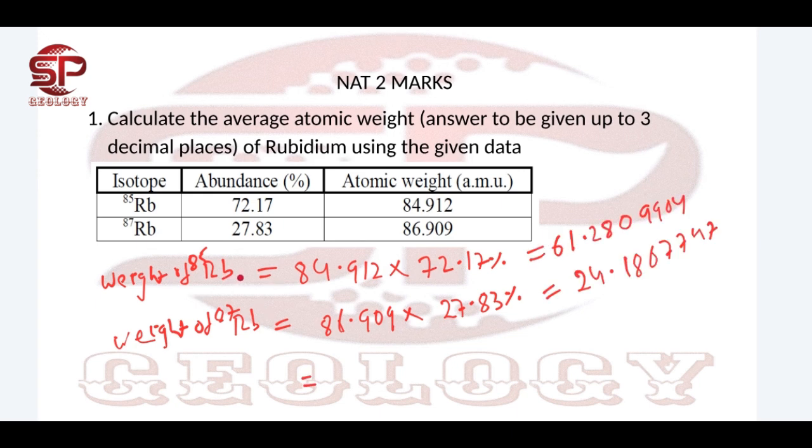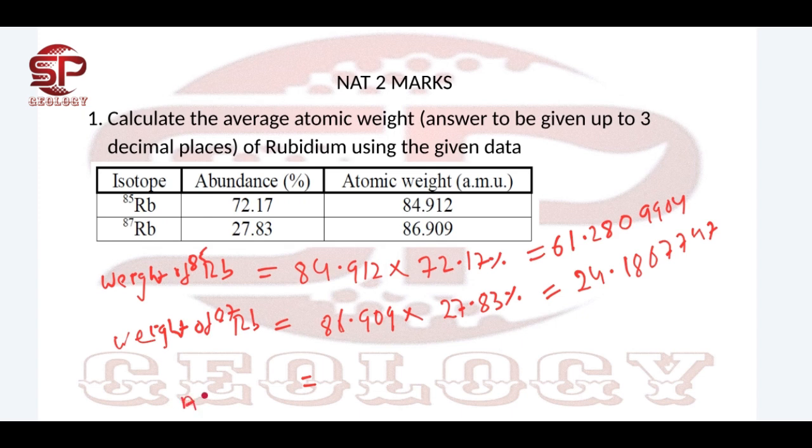So for the isotope rubidium 85, with an abundance of 72.17%, the weight is 61.280. Then for rubidium 87, with an abundance of 27.83%, it is 24.18077. So now what will be the average atomic weight of rubidium?